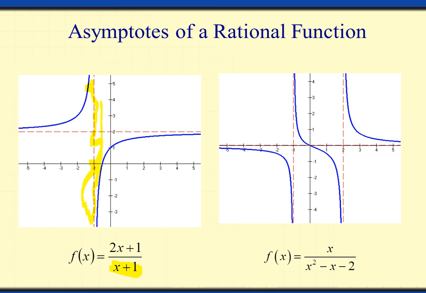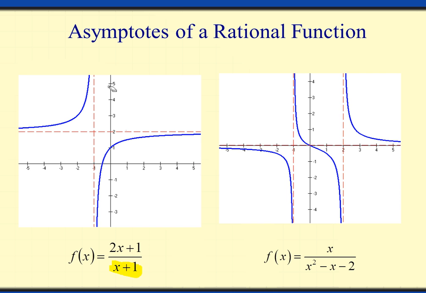Now, it might be worthwhile here to understand why this is happening. Remember, when x is negative 1, the function is undefined because the denominator would be 0.